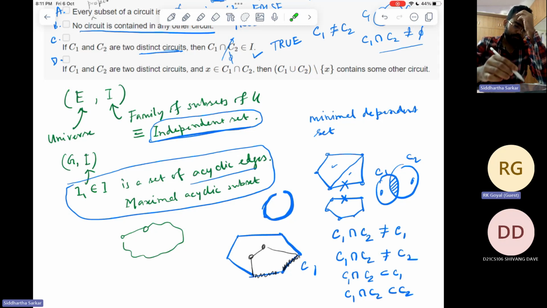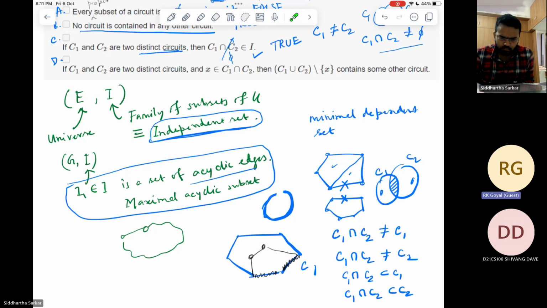If we take the intersection to be null, and both C1 and C2 are completely independent, then C1 union C2 would definitely contain a circuit. Now what if the intersection is not null? Then C1 union C2 minus X will contain some other circuit. Circuit means minimal dependent set.